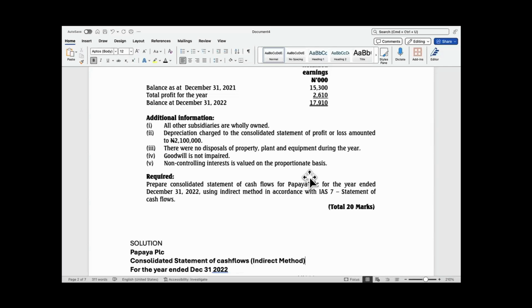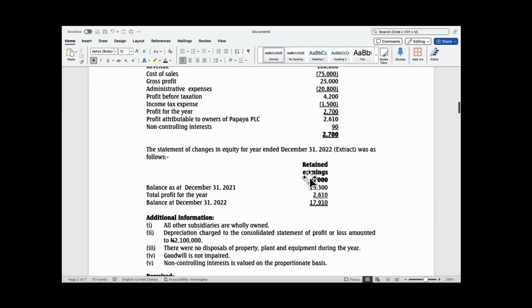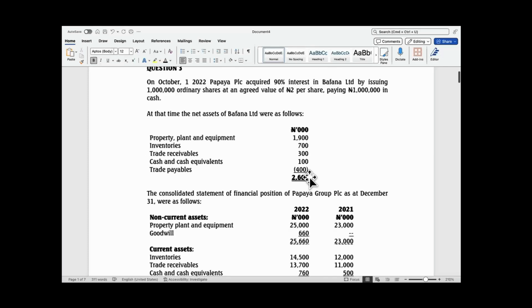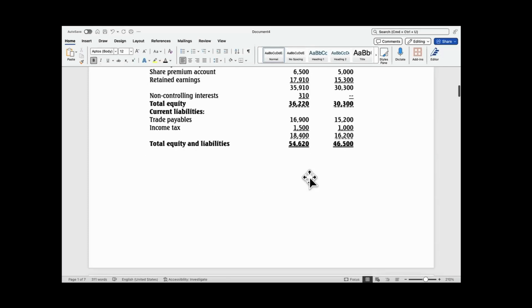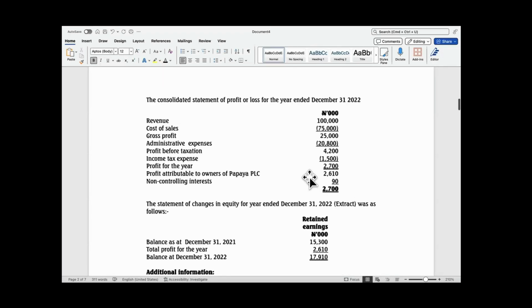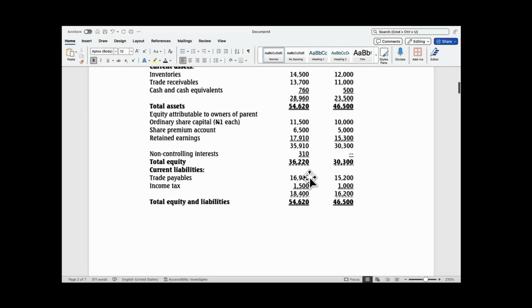Fine. Usually for statement of cash flows, they will give me the statement of financial position for 2 years, and they also give me my P&L for that year, which I'm given here. Just that in this case, it's a consolidated statement.